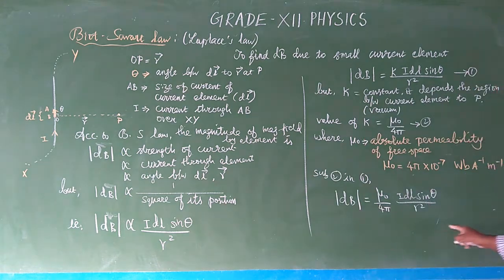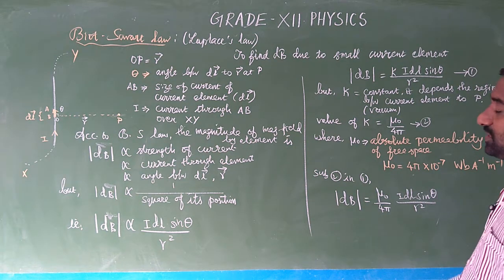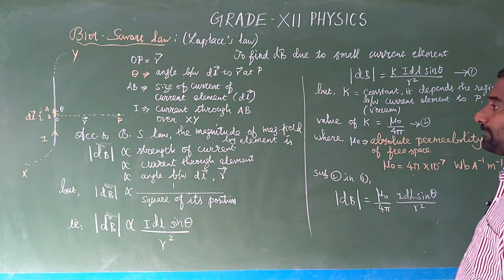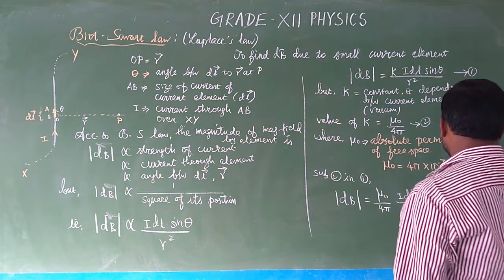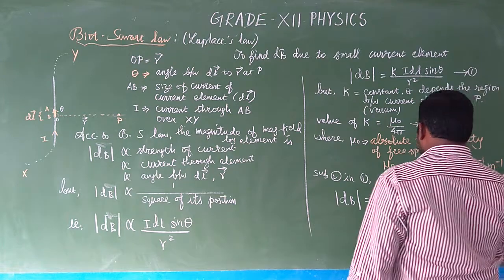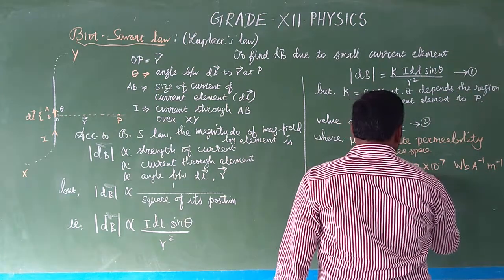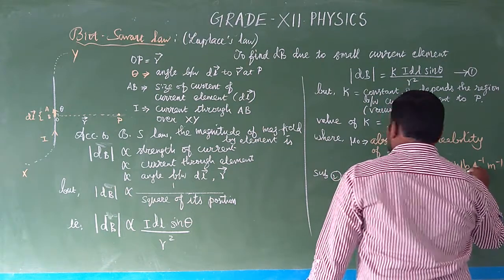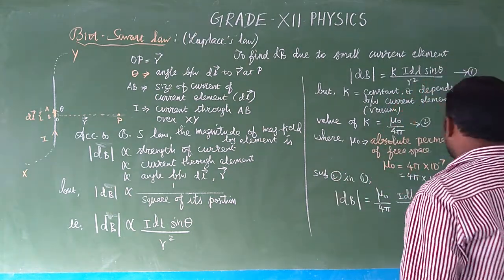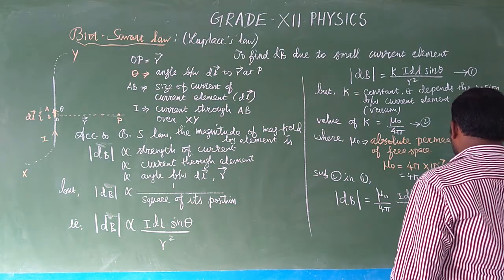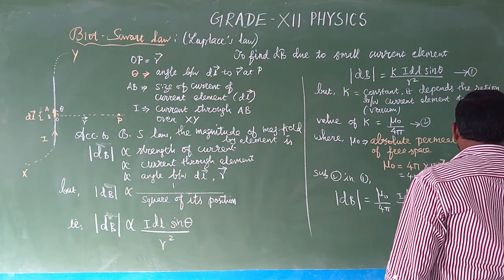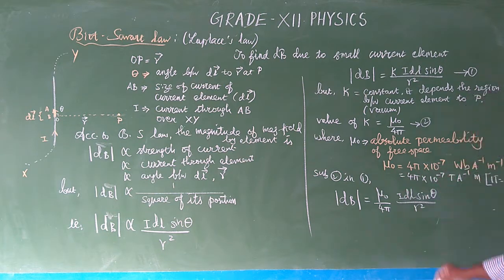This is the general formula, but we can also convert it into Tesla. In Tesla, this mu naught value is equal to 4 pi into 10 to the power minus 7 Tesla meter per ampere. But 1 Tesla is equal to 1 Weber per meter square. இதில் இருந்து அந்த ரிலேஷன் கொண்டு வந்திருக்காங்க.